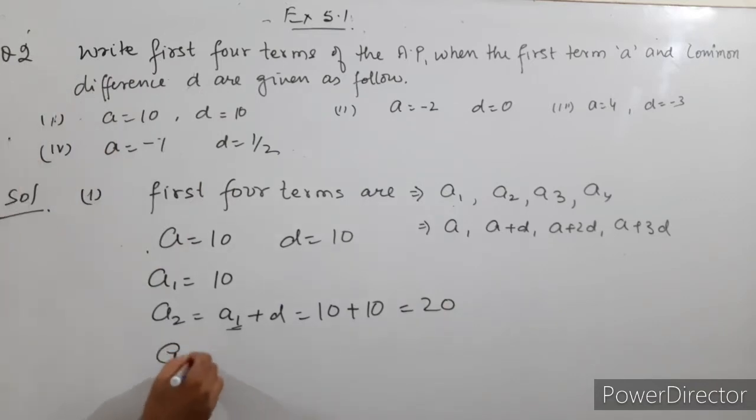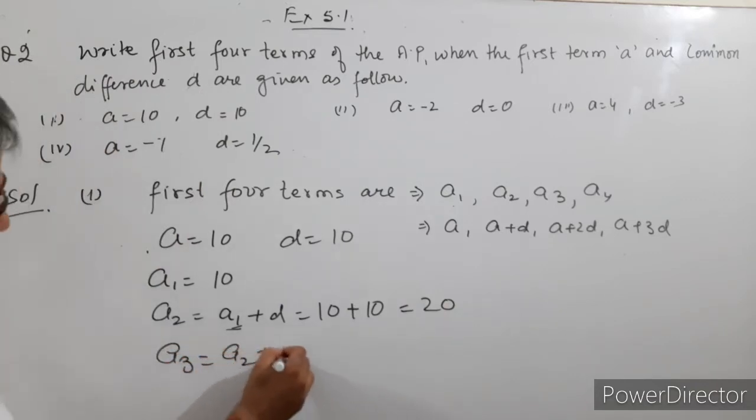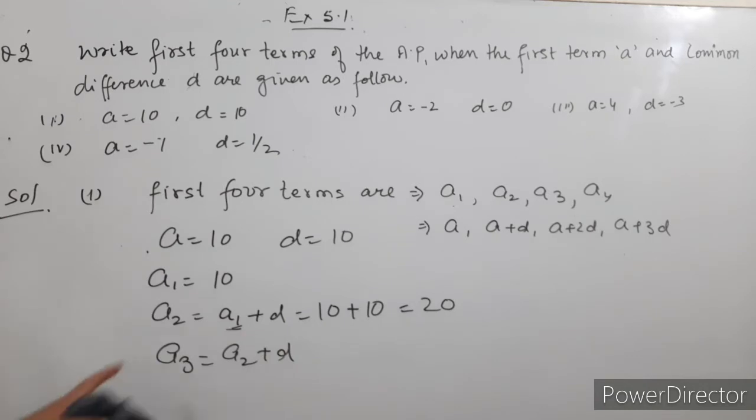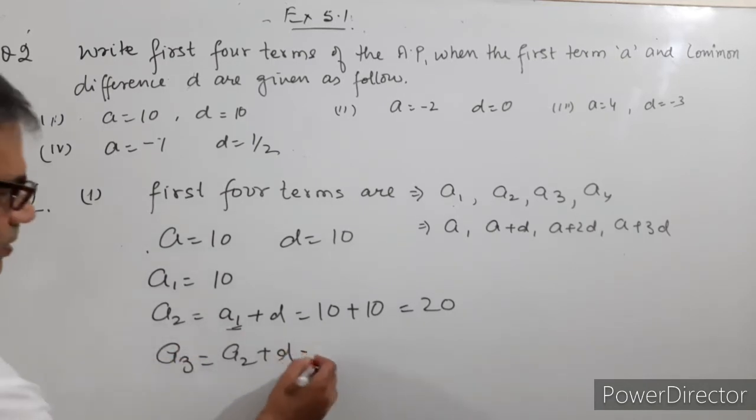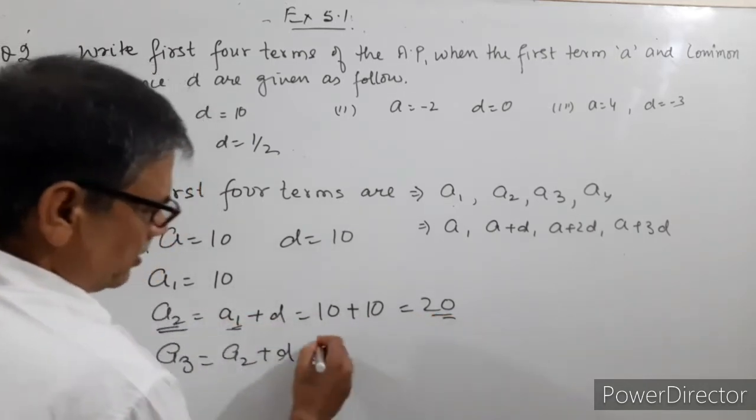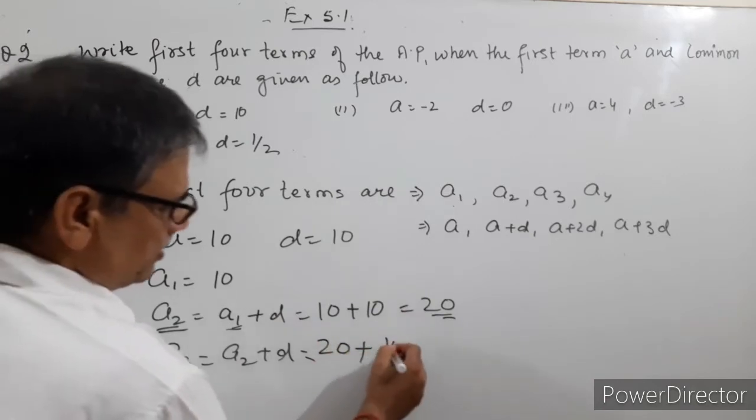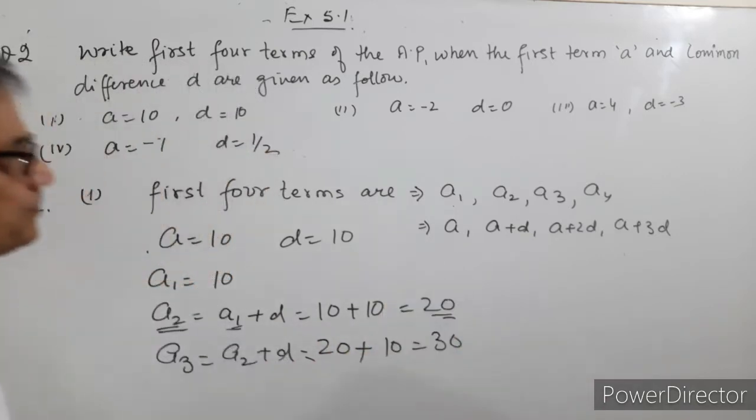Now A3 is equal to A2 plus D. A2 is 20, plus D 10 is equal to 30.